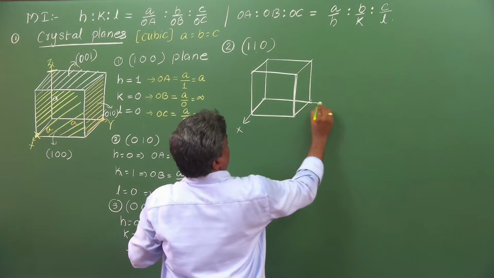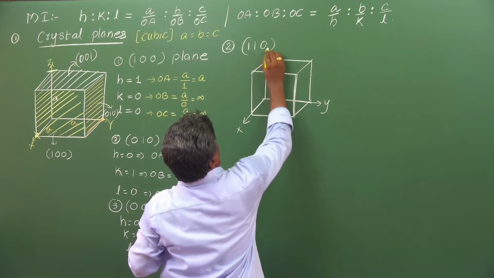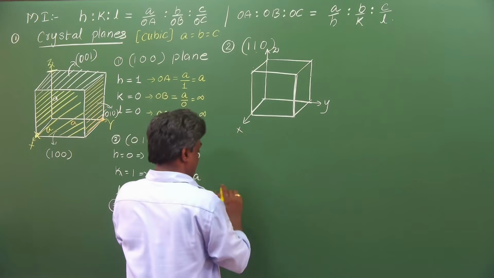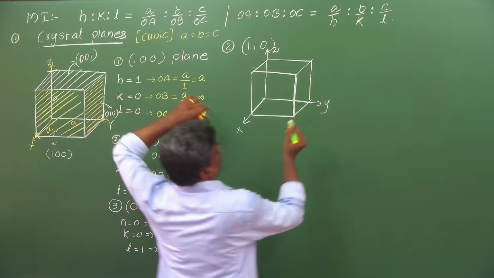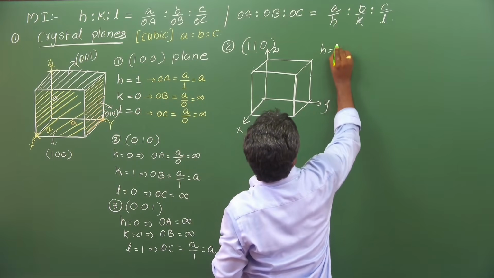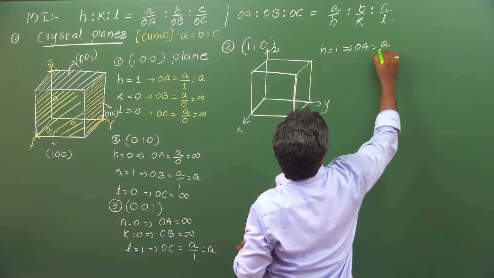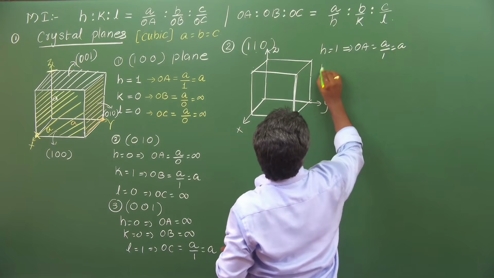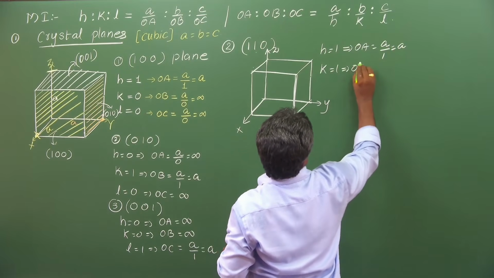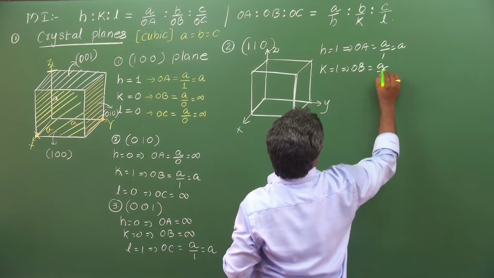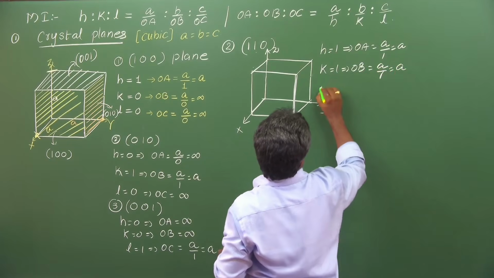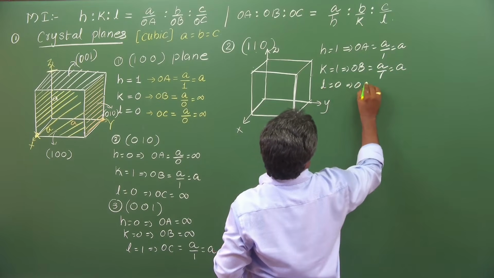This is x, y and z. Ready. So, okay. So your h equal to 1. Very few people are responding. OA equal to a, next, k equal to 1, OB equal to a by 1, L equal to 0.